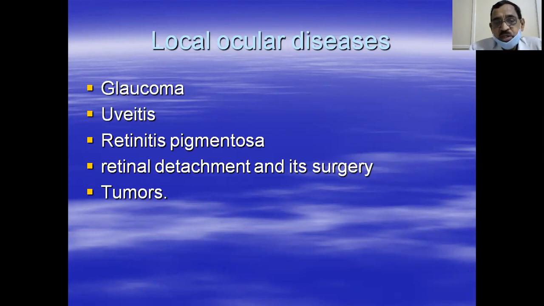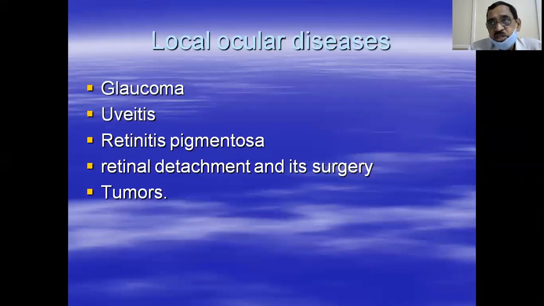Retinitis pigmentosa, this is an inherited hereditary condition where there will be night blindness, and the cataract formation in these individuals is earlier than in normal individuals.